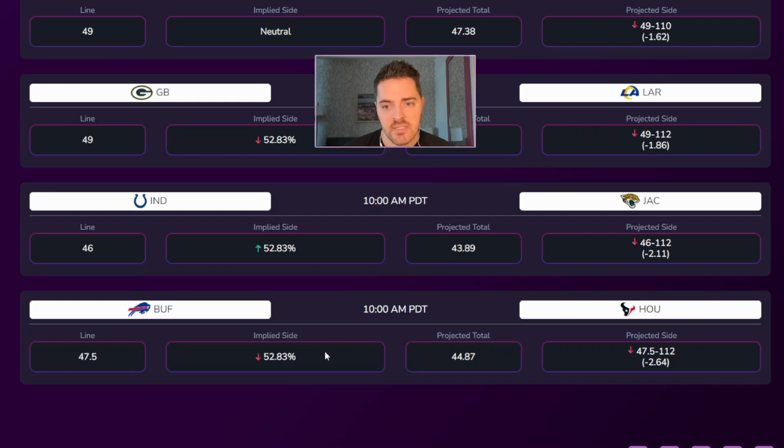They both have a minus 110 side on both sides. So don't really pay attention to these arrows here on the implied side because 52.83% is just minus 110, and I typically have just minus 110 on both sides. But yeah, I think I like this under here. So that's what we'll do.